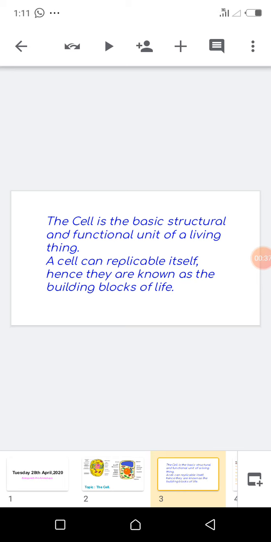Now, a cell can replicate itself independently. Hence, they are known as the building blocks of life. All organisms are made up of cells, and they can either be single-celled, that is unicellular organisms, or they can be many-celled, in which case we call them the multicellular organisms.